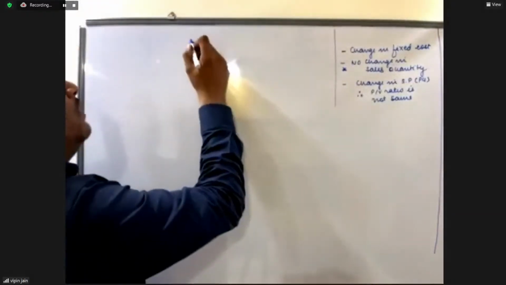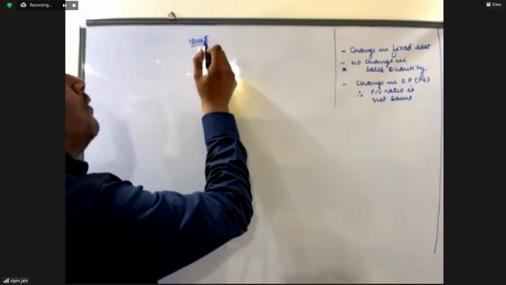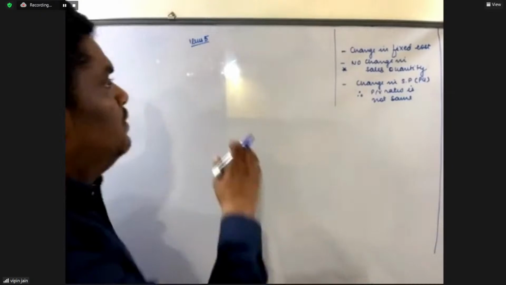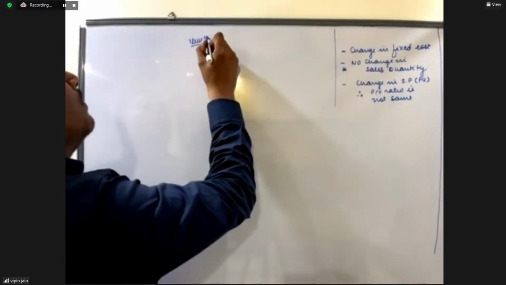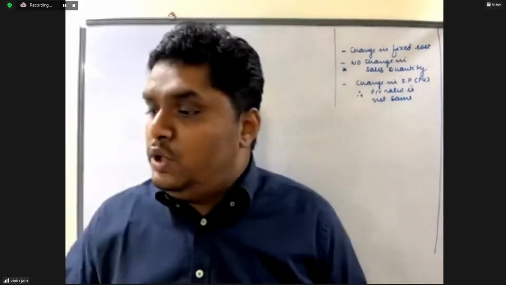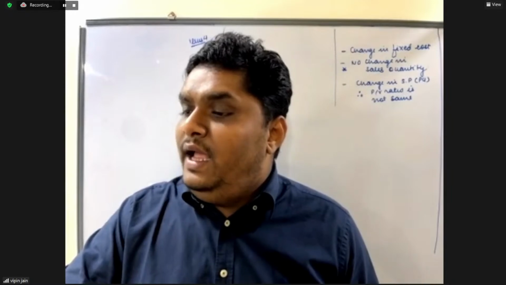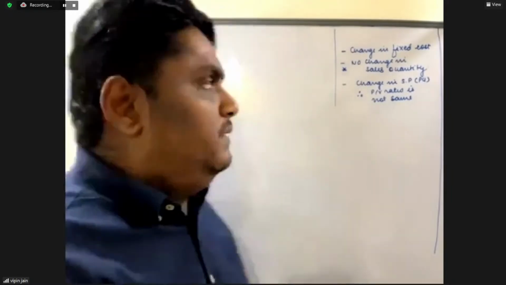So now, very simple, guys. So here in 2019-20, my sales is 8 lakh and my PV ratio is 50%.